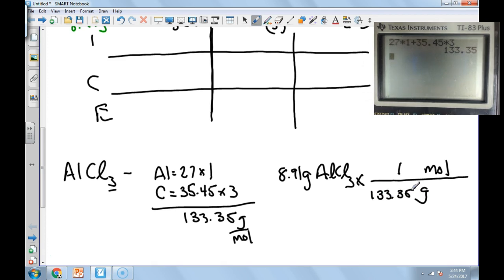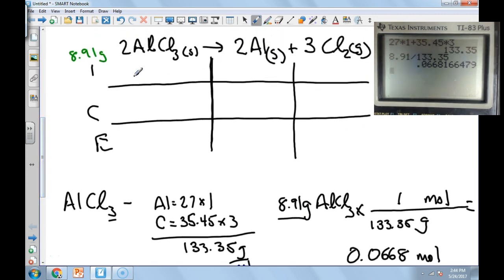So, to find how many moles of this, you get 8.91 divided by 133.35. And so you get 0.0668 moles. Keep in mind sig figs. There are 3 sig figs here, so we're going to do 3 sig figs. So the answer here is 0.0668.